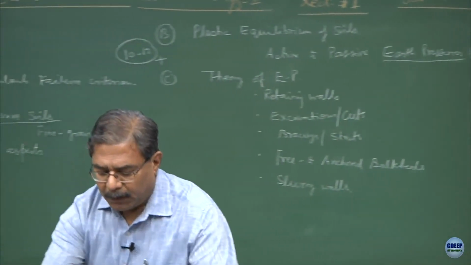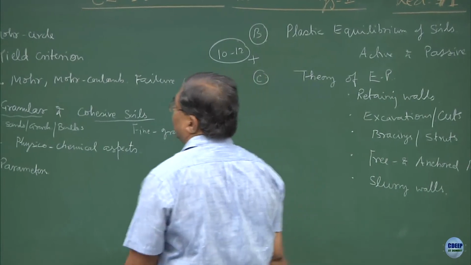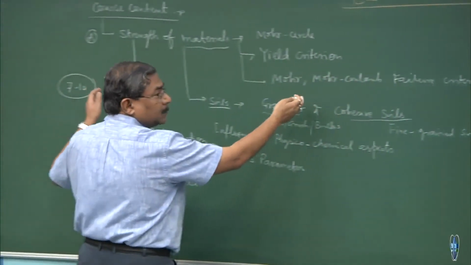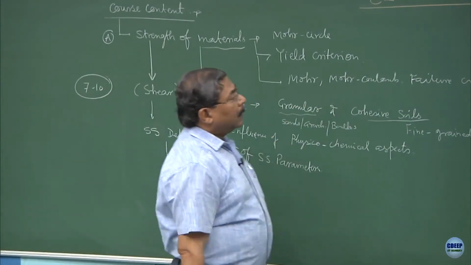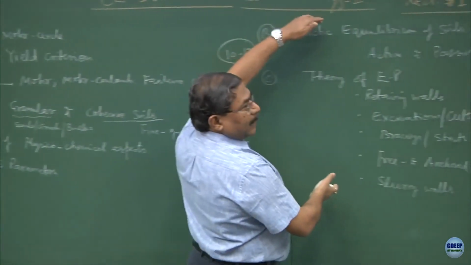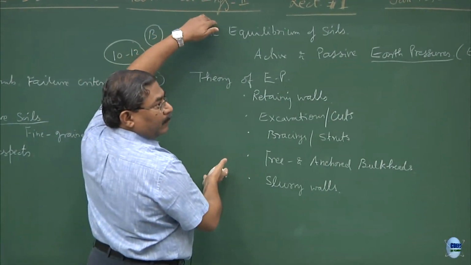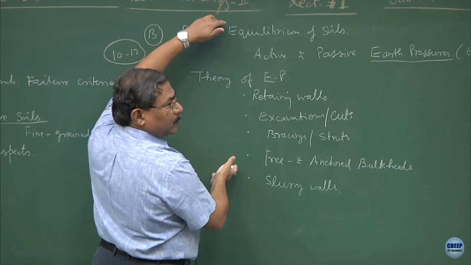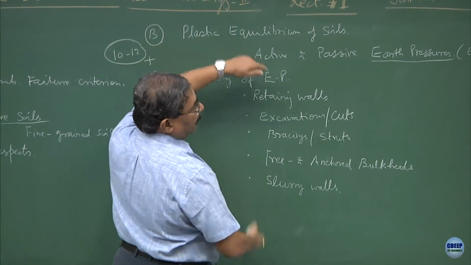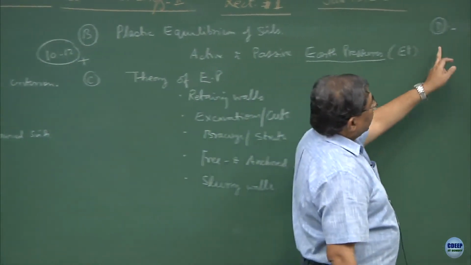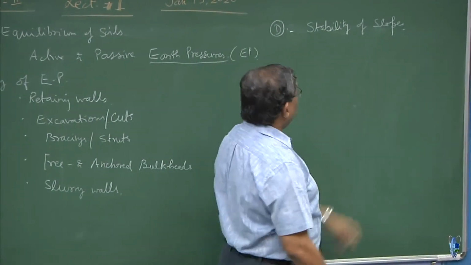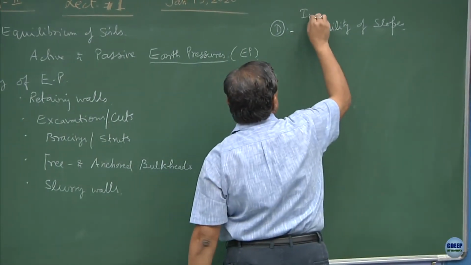So, what I would like to convey here is, having studied the shear strength aspects of the material, how to utilize them, case study number 1 in general, alright, plastic equilibrium in soils with different applications, real life situations. The second is stability of slopes. Normally we talk about instability.